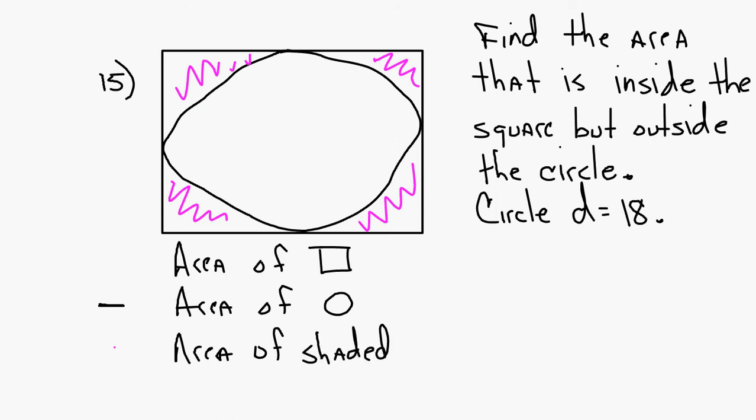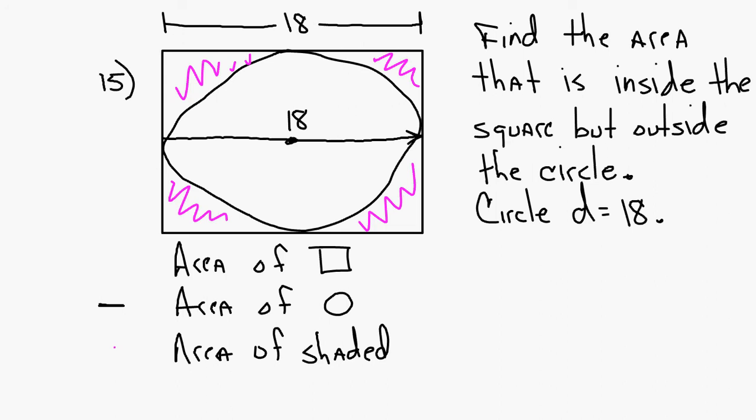Or wouldn't that be the area of what's inside the square and outside the circle? Yeah. It's the difference in the two shapes, right? So look, if the diameter of the circle is 18, remember that diameter goes all the way across through the center, doesn't it? So that's 18, which tells you how big this square is, because it's going to be the same dimension.